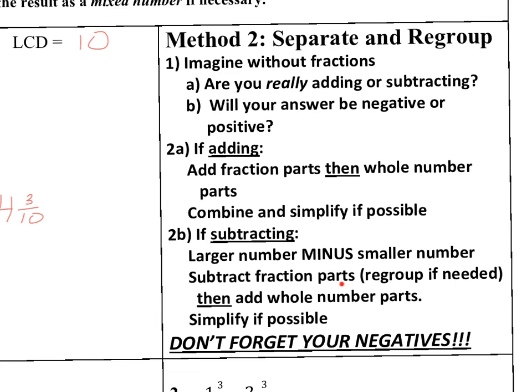Then you're going to subtract your fraction parts, and there might be regrouping. We'll talk about that. Then subtract your whole number parts, and then simplify if possible. But don't forget, if you said up at the beginning that your answer is going to be negative, make sure you put a negative sign at the end. All right, let's look at what this actually looks like with some numbers.